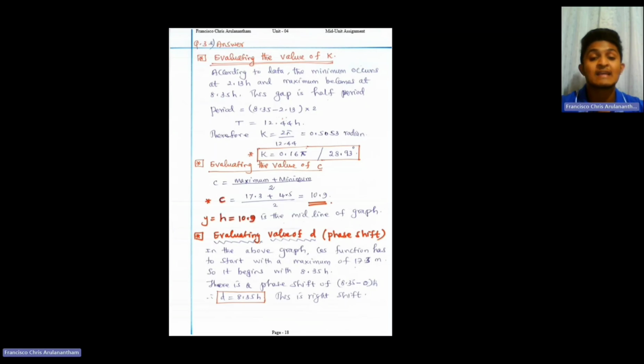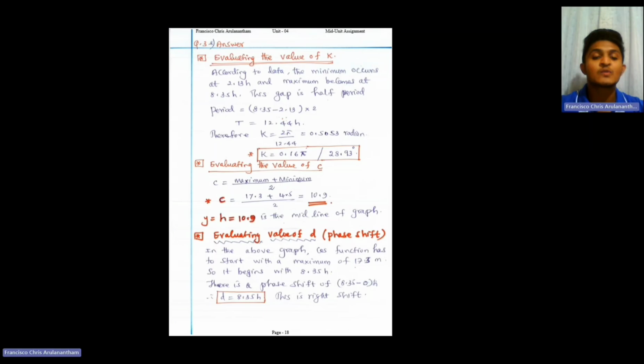Therefore, k is equal to 2π over 12.44, which is 0.5053 radian, or 28.93 degrees.